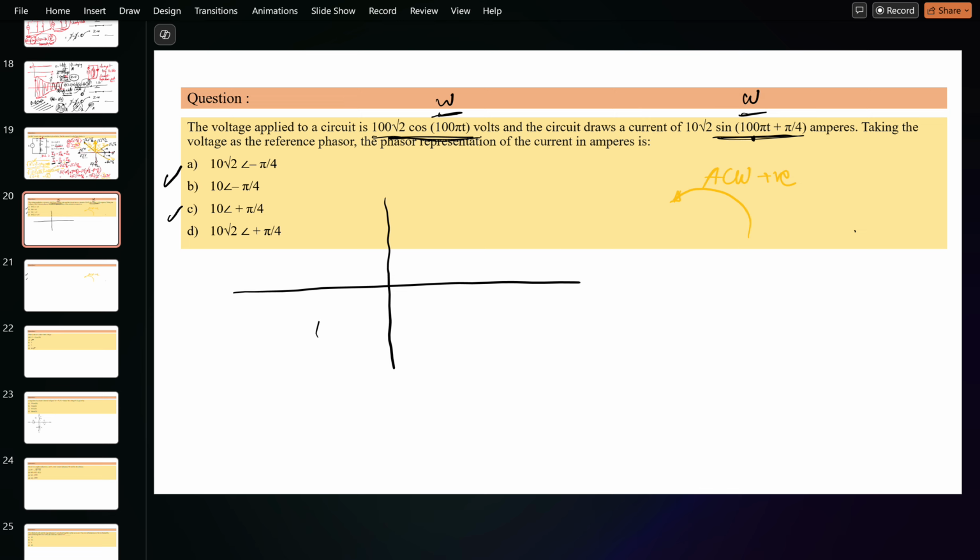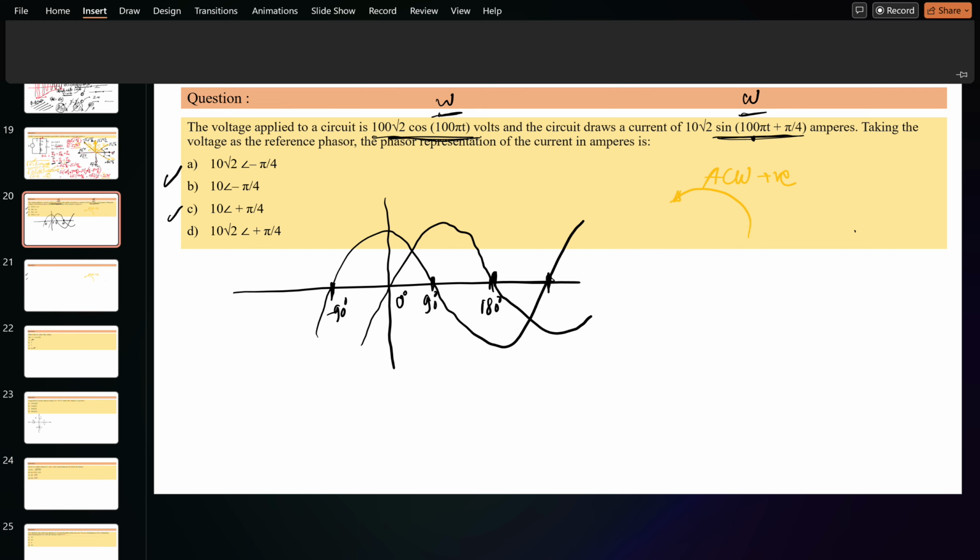The cos graph will look something like this. This is minus 90, this is plus 90, and this is 180. The sine curve usually looks like this, starting at 0 degrees and moving to 180 degrees.